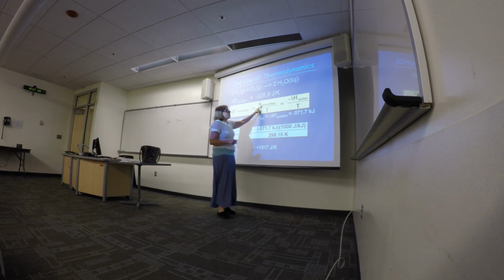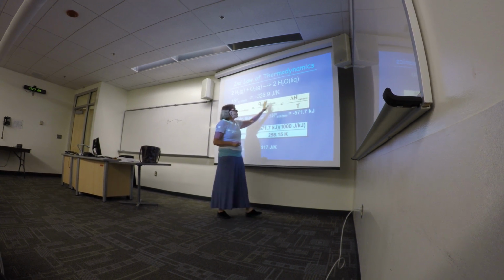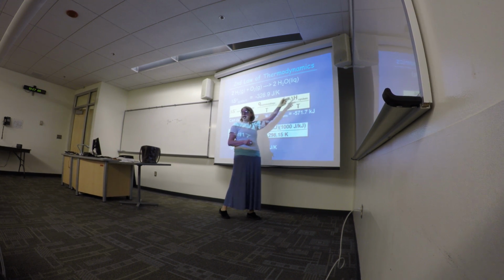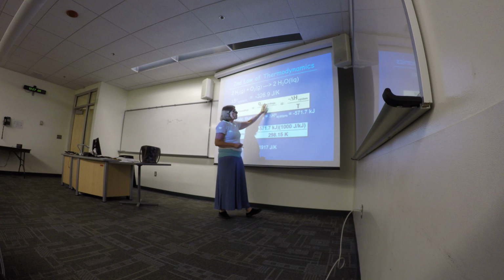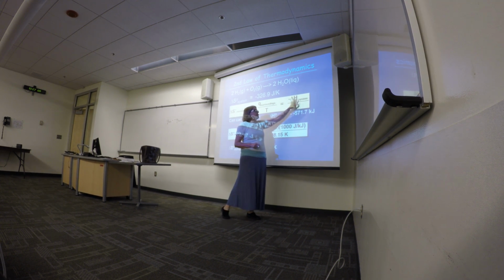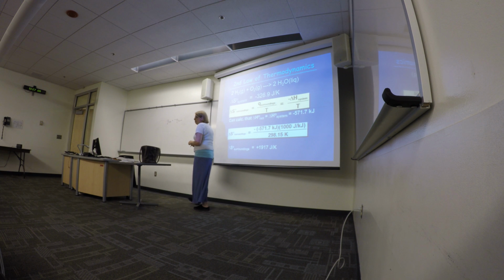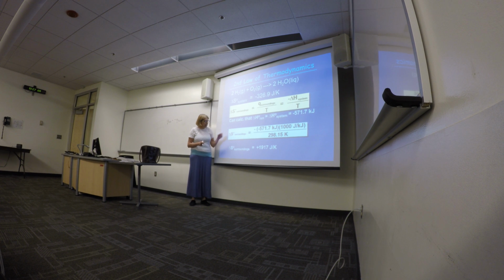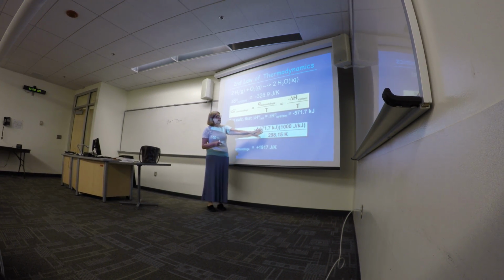So the Q of the surroundings, and remember we said we can use Q and the change in enthalpy interchangeably because we've assumed that pressure is constant. So we take the Q of our surroundings and say that it's negative the delta H for the system. And so now we can calculate the change in entropy for our surroundings. If we take this same chemical equation, we can calculate the delta H for the system.